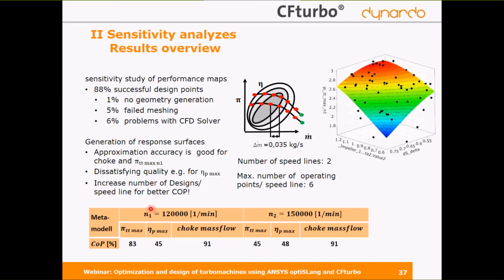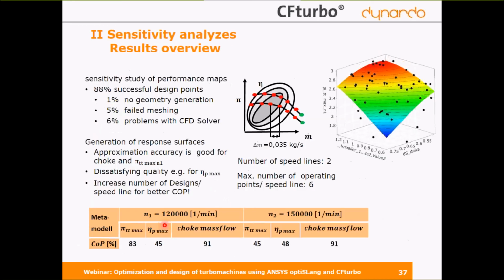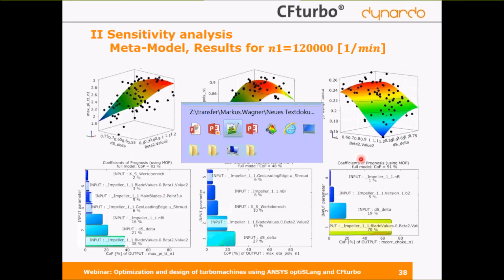If you want to increase these values, you have to introduce more designs, or reduce these differences here, and so calculate more designs on a speed line. A third opportunity might be to have a fixed DOE within one performance map analysis, so to have fixed operating points here that you analyze. So now let's have a closer look at the results and the response surfaces. And for that, I'd like to move to the optiSLang post-processing.